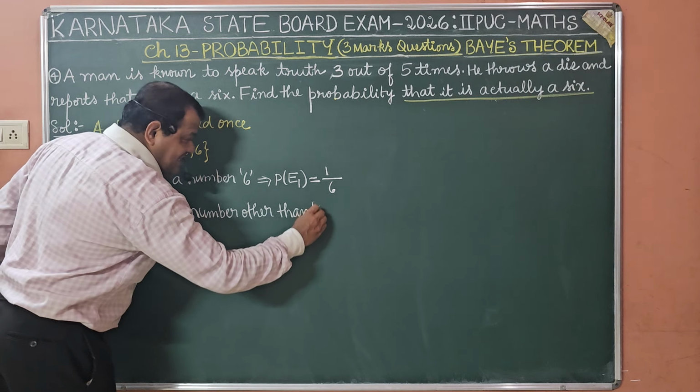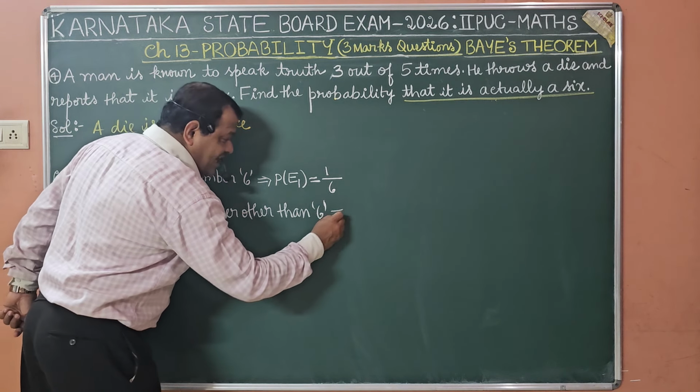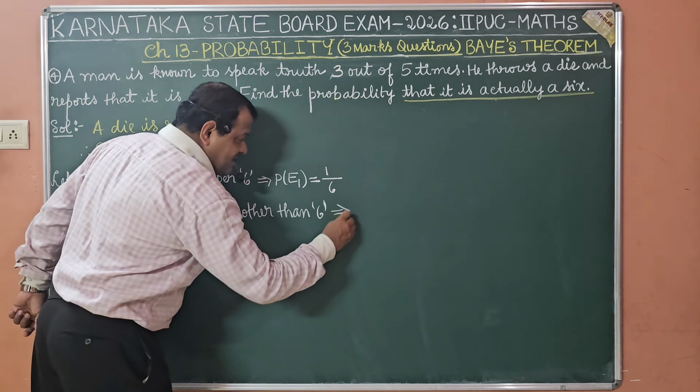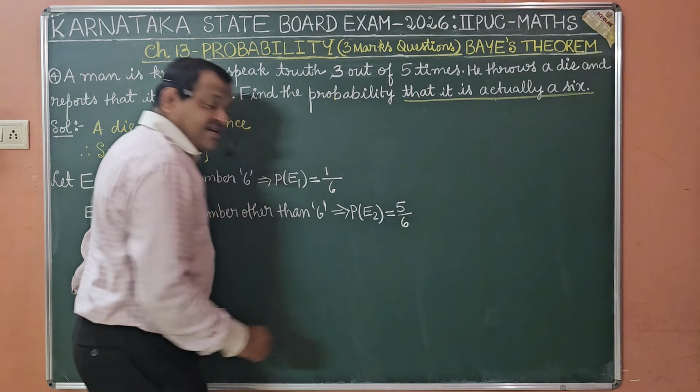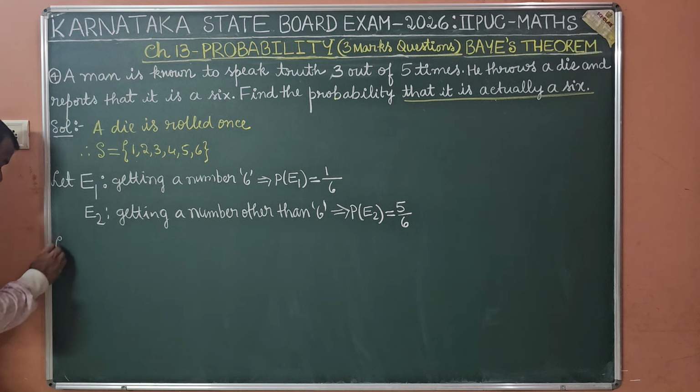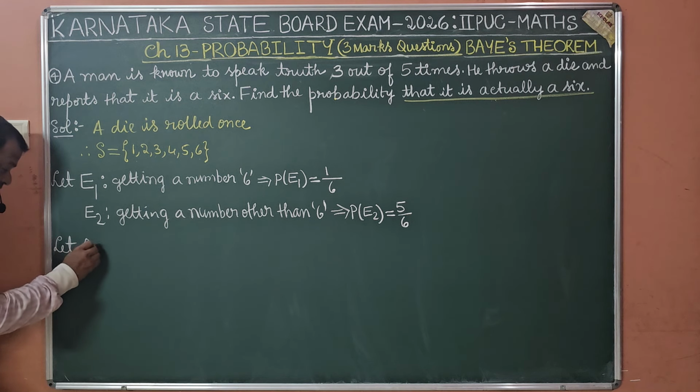Other than 6, which numbers are possible? It could be 1, 2, 3, 4, or 5. So 5 numbers are possible, so 5 by 6. Now let us define the special event. Let A be the special event.